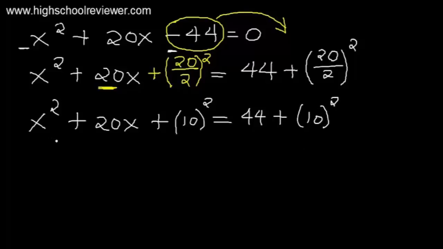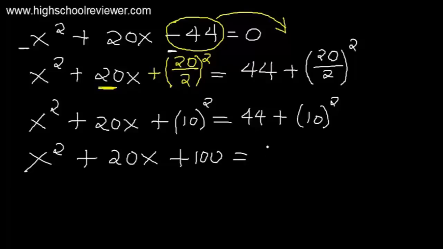Now x squared plus 20x plus 10 raised to the power of 2, that will be equal to 100. And then we will have here 44 plus 100. X squared plus 20x plus 100.